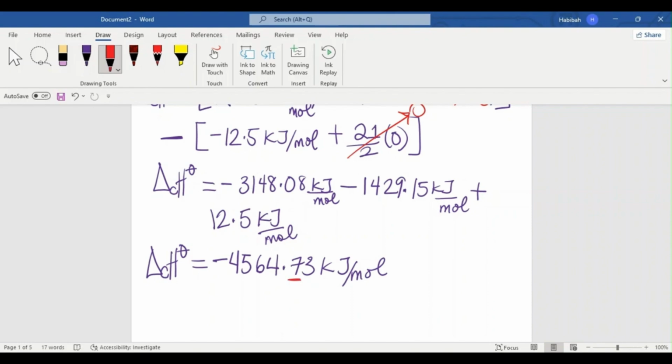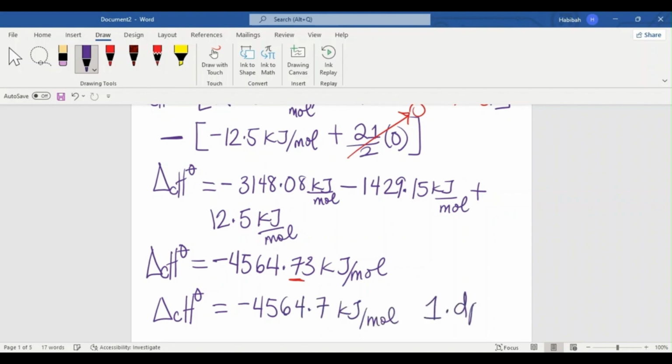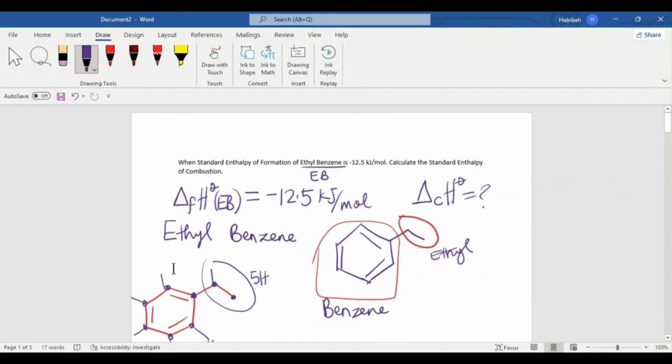So you can just put this here and say the enthalpy of combustion that you're asked to solve is, standard enthalpy of combustion is negative 4564.7 kilojoule per mole in one decimal place. That is the answer to this question. Or you may be asked to solve this based on the fact that the 12.5 kilojoule per mole in the question given to you is 3 sig figs.